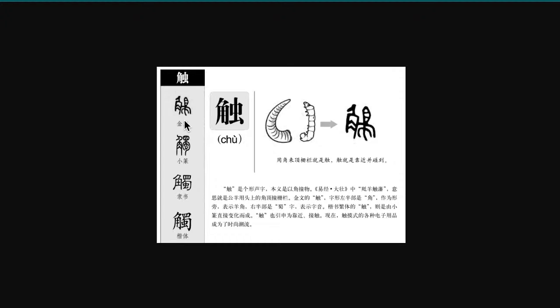The function of those horns is for fighting, right? That's the contact part. So that's why they use the horn to indicate touch, contact. And they use the right-hand side 数 for pronunciation. And then in the simplified version of this character, they replace the 数 with the worm character, right here on the right.